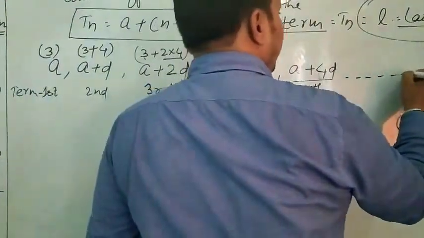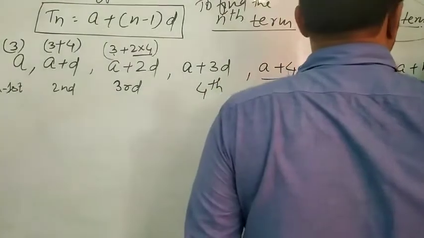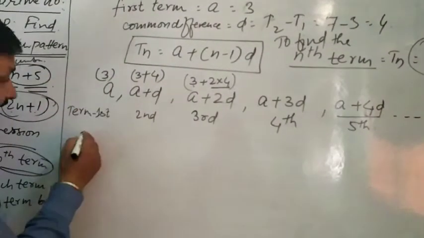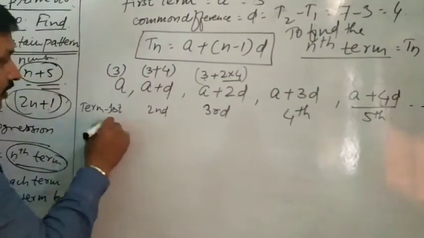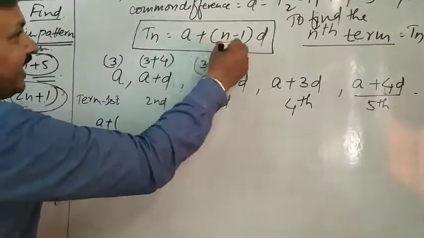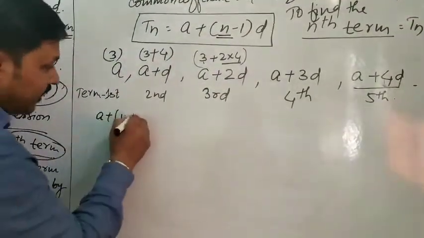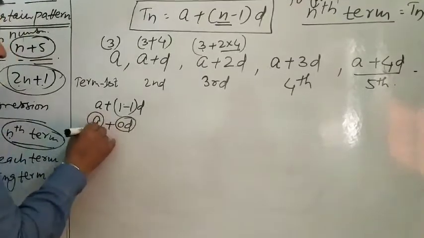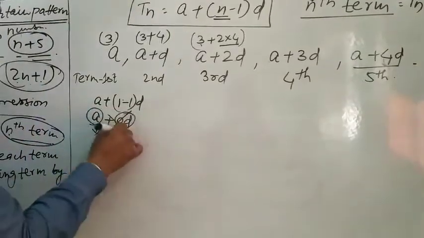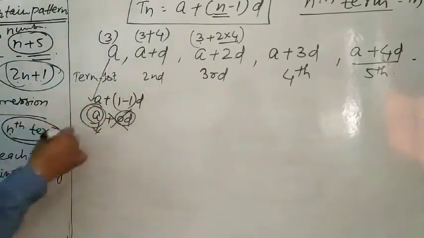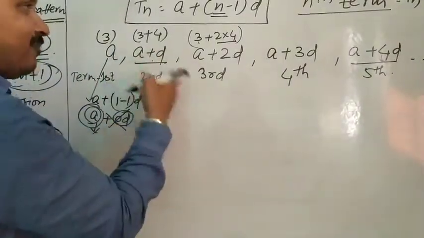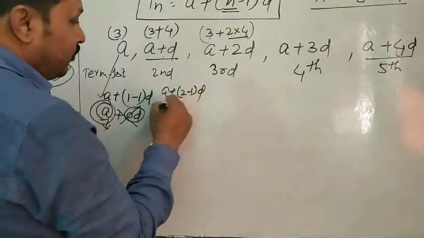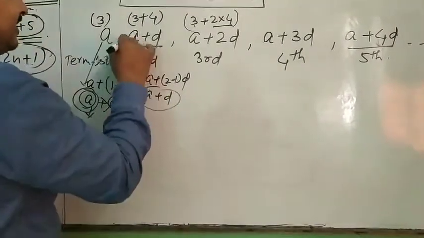So for the nth term, the first term should be written as A plus first term minus 1 into D. That means A plus 0 into D, which is written as only A. For the second term, A plus 2 minus 1 into D, that means A plus D. That's the second term.